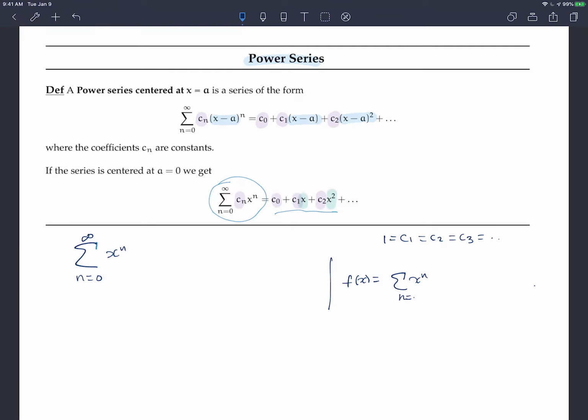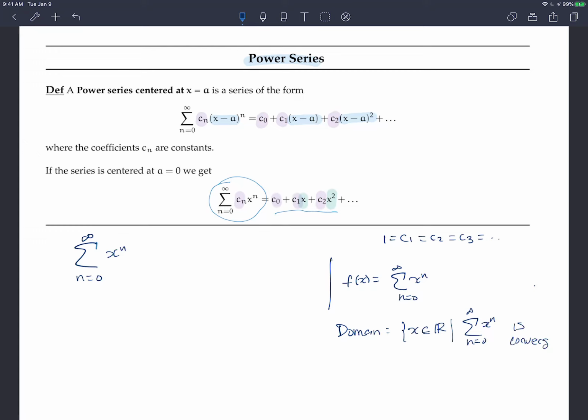And in that idea, what would be the domain of this function? Well, the domain of this function would be all values for which the series becomes convergent, right? So you want to put all the values such that the series is convergent.